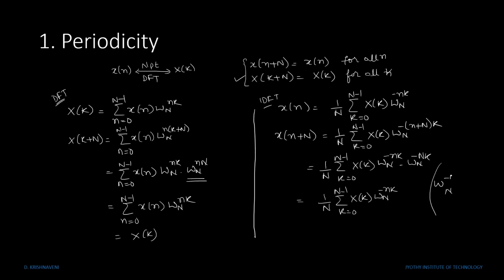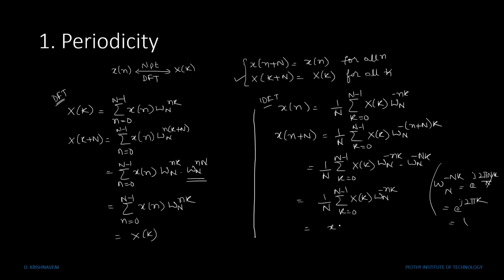W_N to the power of minus Nk is e to the power of j 2 pi Nk by N. Cancel, so you get e to the power of j 2 pi k, which is cos 2 pi k plus j sin 2 pi k. We know cos 2 pi k is 1 and sin 2 pi k is 0. So W_N to the power of minus Nk is 1. Now what is this 1 by N summation x of k W_N to the power of minus nk?